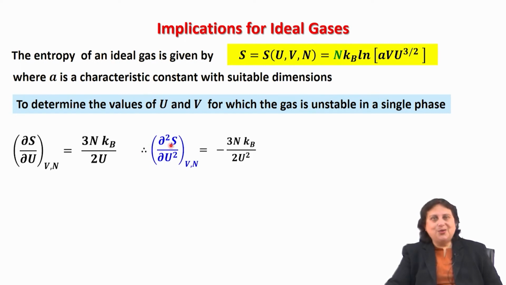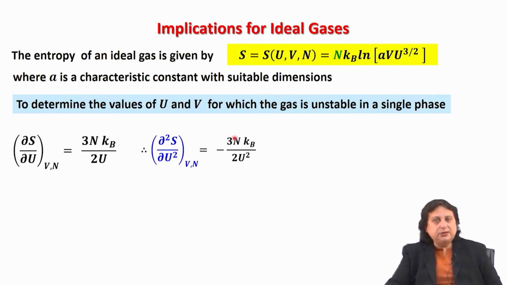I can immediately go ahead and find del square S del U square, because that is the condition of local stability that will give me an understanding of the stability of the system. This turns out to be minus 1 by U square with other constant terms.